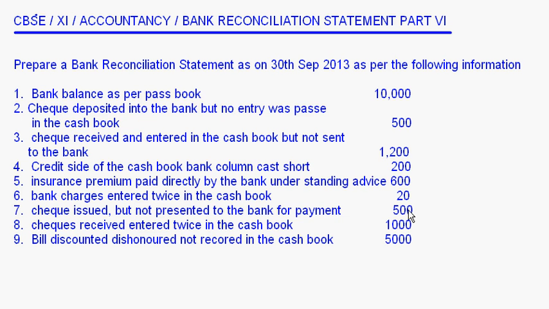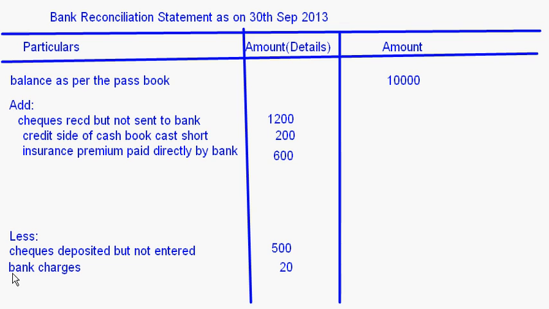What is the amount? 500. So here we can write checks issued but not presented, right, which has led to a decrease in the cash book balance. So it is to be deducted 500 rupees.